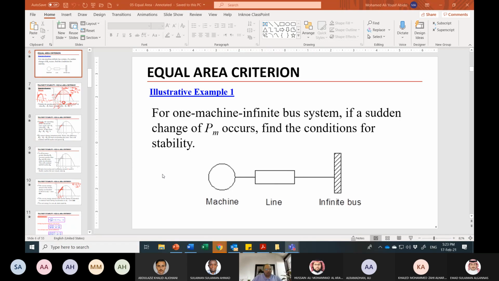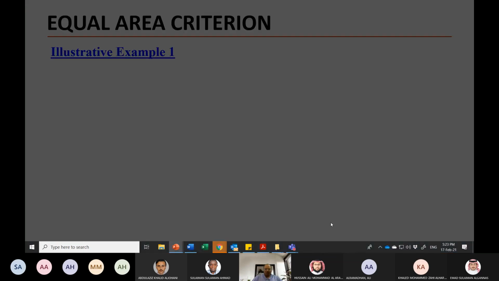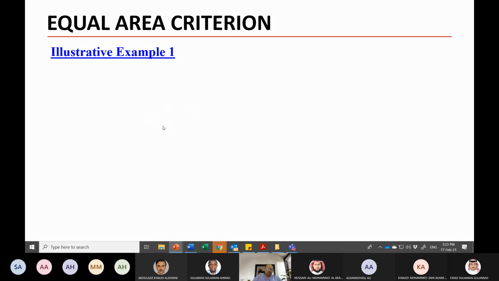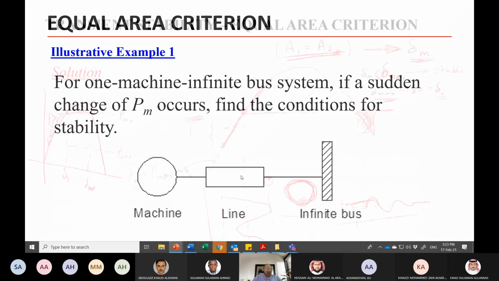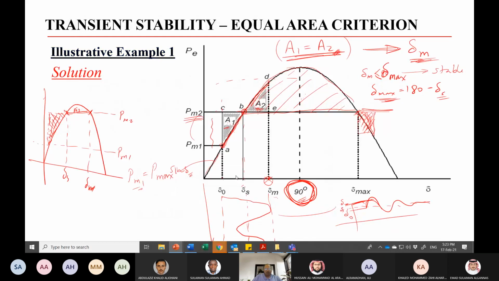You can consider all the other machines, except the concerned one, as an infinite bus. This is the limitation. And we also made some assumptions here and there, P mechanical is constant and so on.